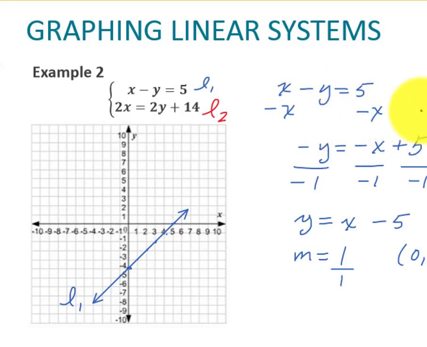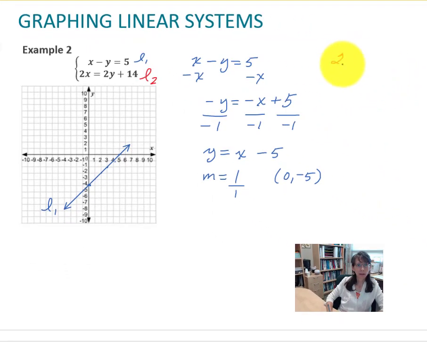Now we'll move on to line number 2. This looks different. 2x equals 2y plus 14. Now our goal is to put this into the slope-intercept form because really we want to compare these slopes and y-intercepts with each other. So I think how I'll start is take away 14 from each side.